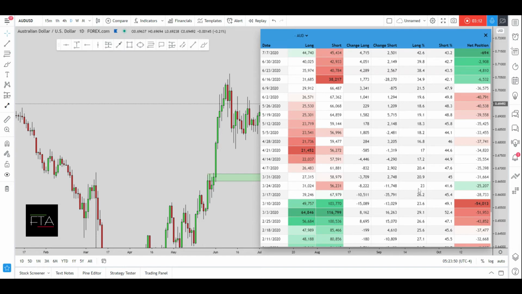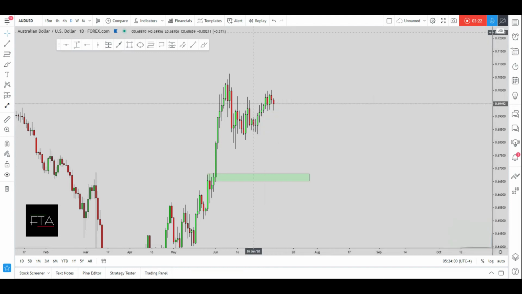So overall, we had a clear shift in the long term from a negative positioning starting to shift to a positive positioning on AUD/USD.